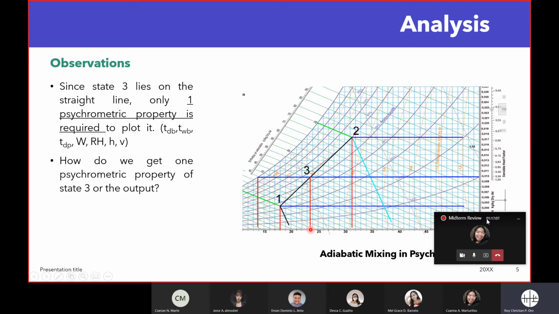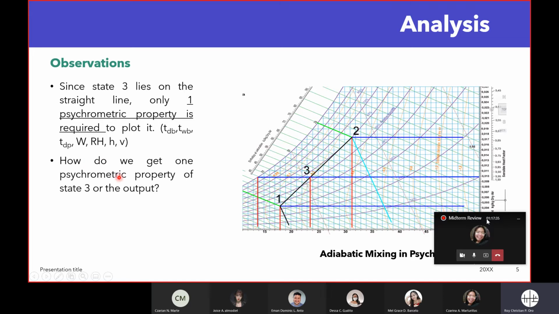Let's say I was able to solve the dry bulb temperature at state 3, and I know that it is this red line. From that, now I know the specific humidity, W. I also know the enthalpy now because it's the diagonal line. The same would happen if you were able to get the specific humidity, W, of state 3. So it's just a matter of finding one of those.